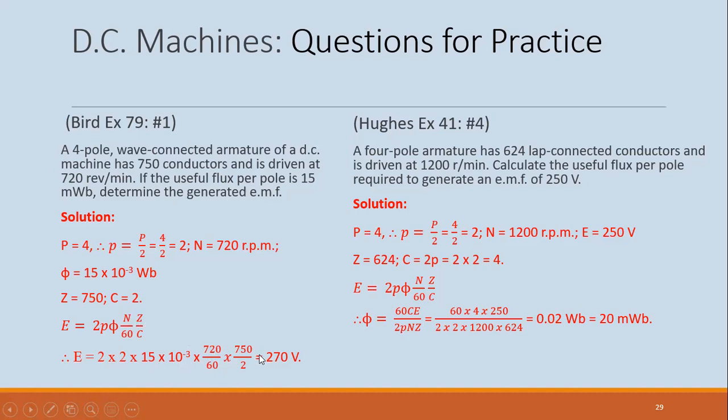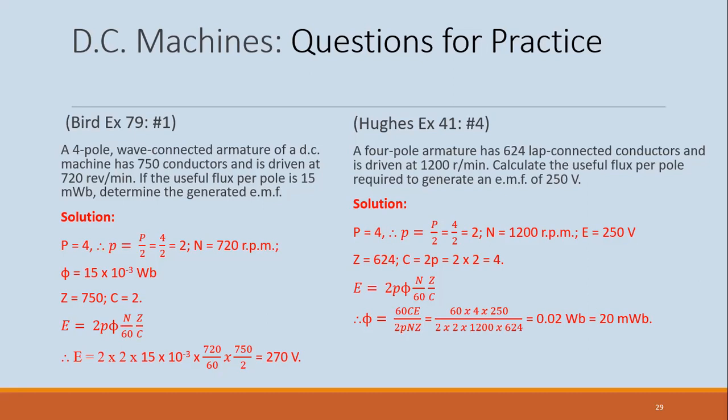And Z is 750 and C is 2 for wave. So a very simple calculation comes out to be 270 volts. All right. Any question on that? No, sir, clear. All right, good.